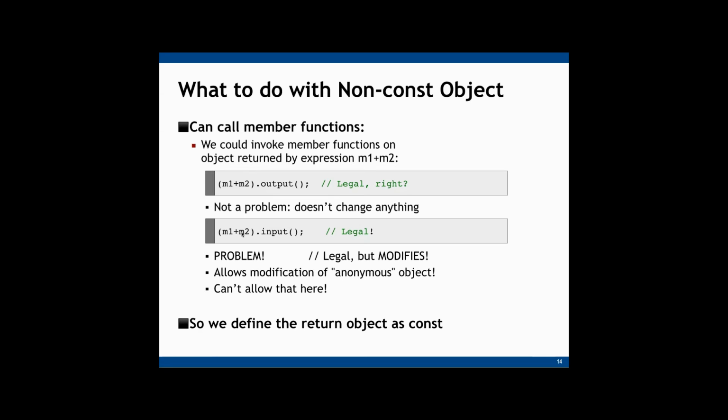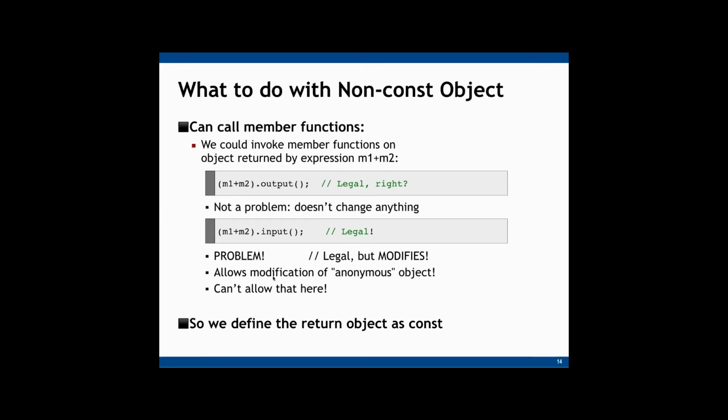But sometimes inadvertently changed objects may lead to some problems. For example, if the returned object is a reference to already existing objects, so if this plus operator returns the reference of already existing objects, then inadvertently changing objects could cause problems because those changes will affect the existing objects.